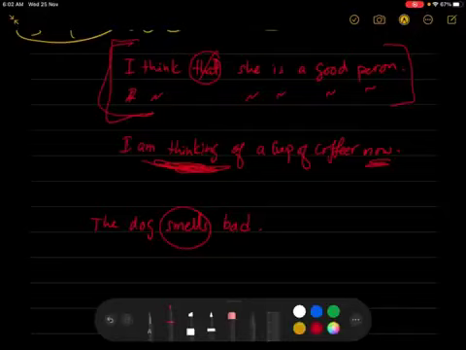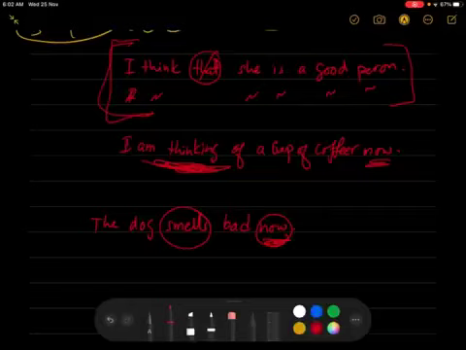All state verbs, by definition, don't take the present continuous format, even though we are in the present continuous tense. For example, the dog smells bad now. So "now" here indicates that we are in the present continuous mood, but "smells" didn't take the present continuous format.